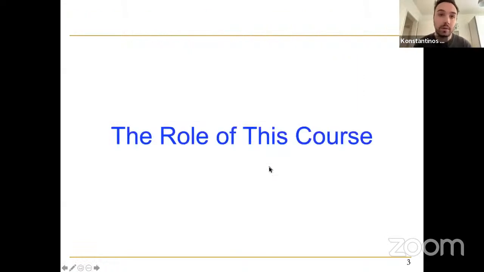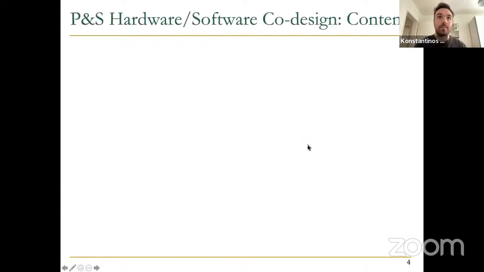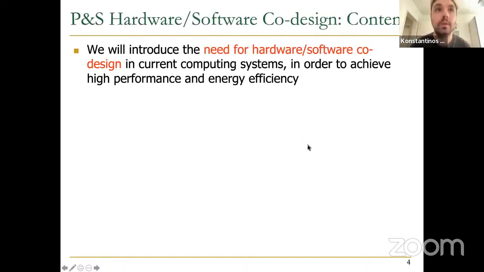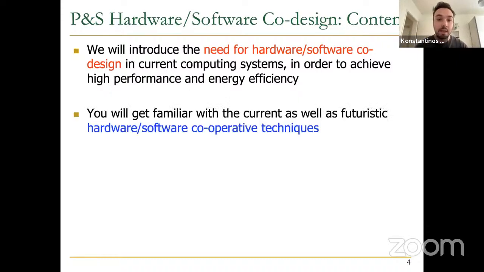So, what is the role of this course? In this course, we will introduce the need for hardware software co-design in current computing systems in order to achieve high performance and energy efficiency. Students will get familiar with current as well as futuristic hardware software cooperative techniques.